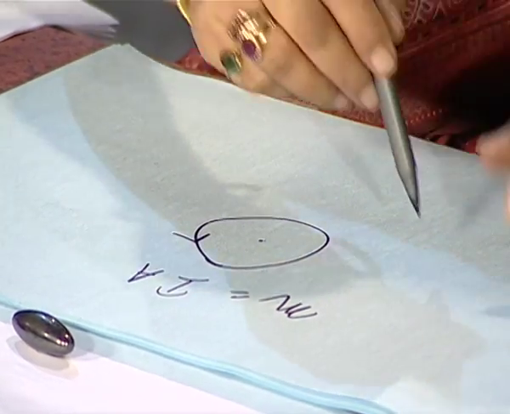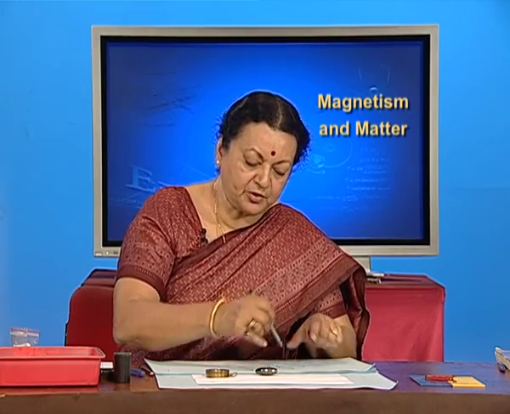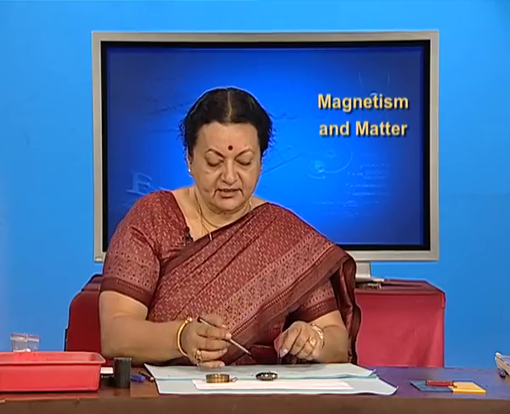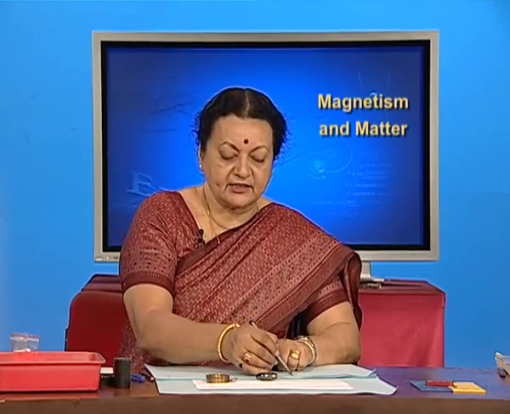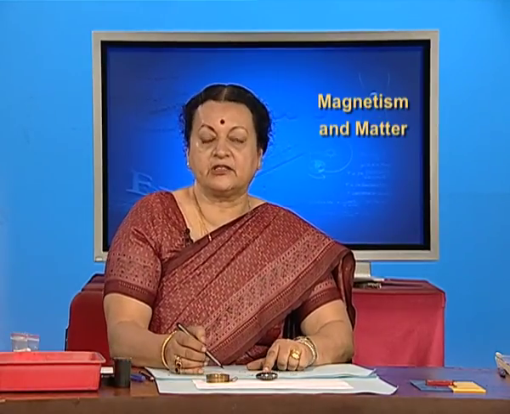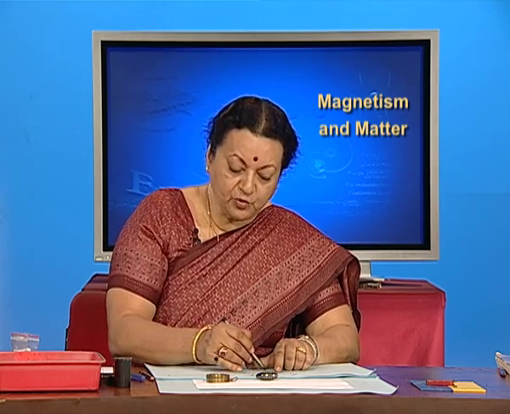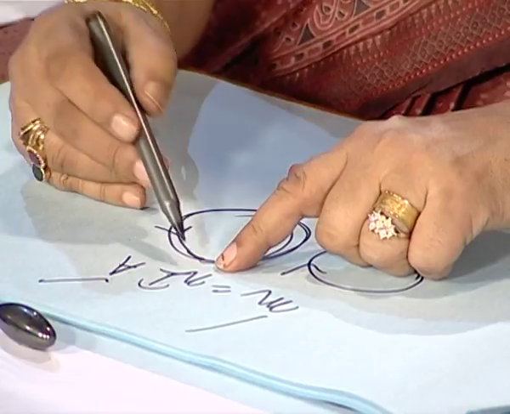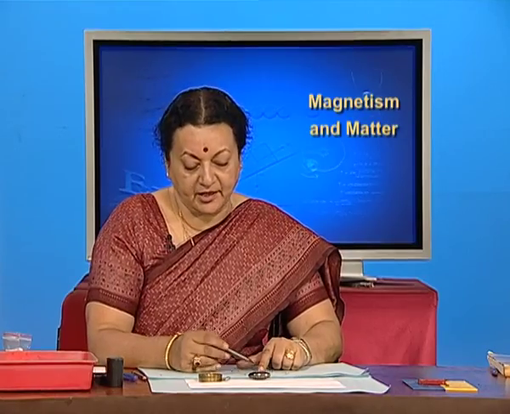If you change the direction of current in the same loop, then the field would point in the opposite direction. This result shows that this is a vector quantity and so is this. If you were to increase the number of loops, then this would include the number of loops over there.